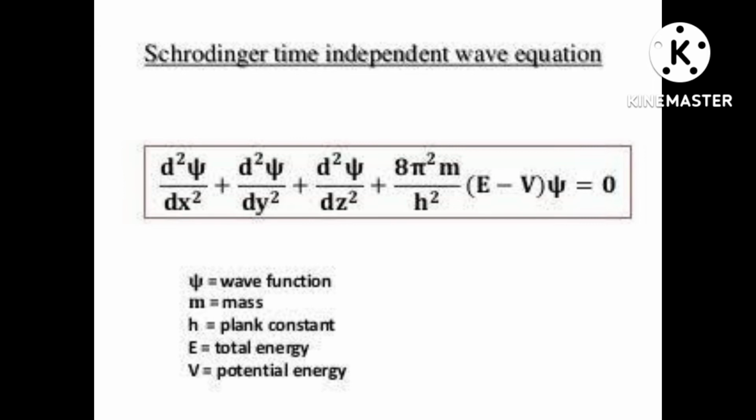But for one electron it can be solved very easily. This difficulty can be overcome by using approximate methods, because exact you can't know, so you use approximate.